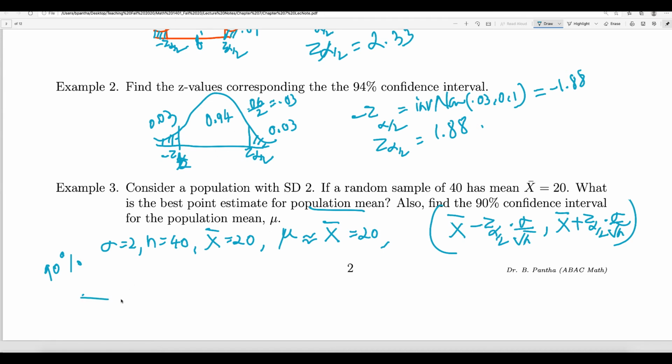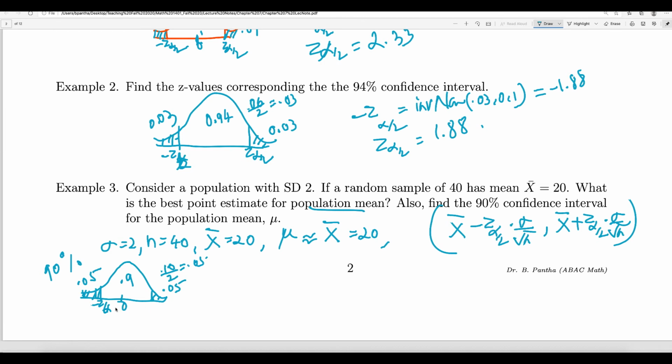Okay, let's do that. 0 is in the middle. 90% means 0.9 in the middle. So the left area and the right area together will be 10%, which is 0.10, divided by 2 is 0.05 each. So how do I find negative z alpha half?